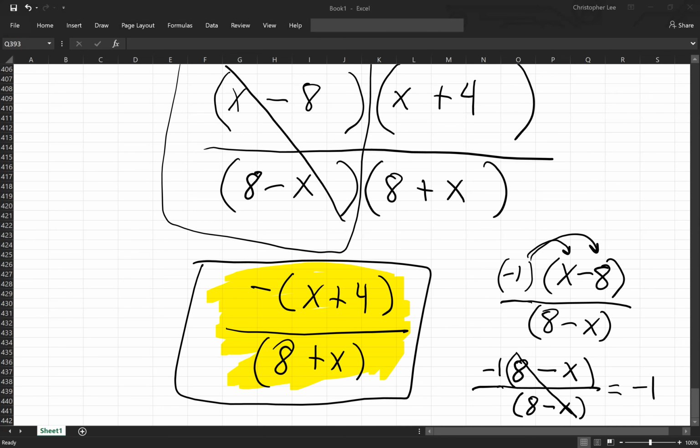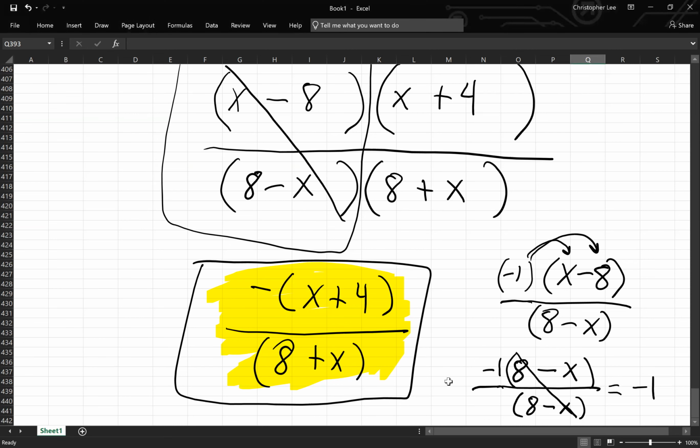Exactly. Because if I don't do that, how can I say this now? If I don't distribute that -1 and leave it there, then it's going to be a different question. But by me distributing a -1 and leaving a -1 there, it remains intact.